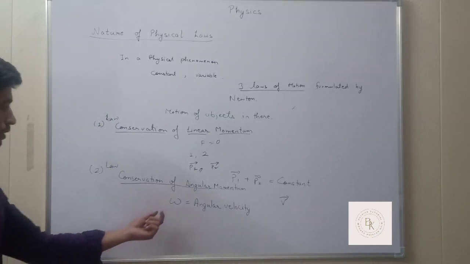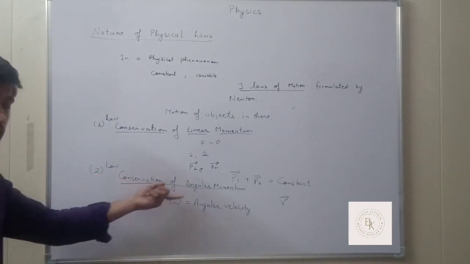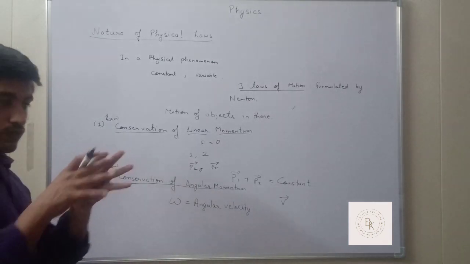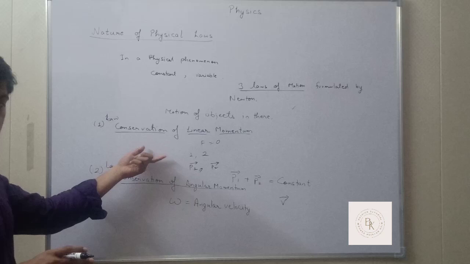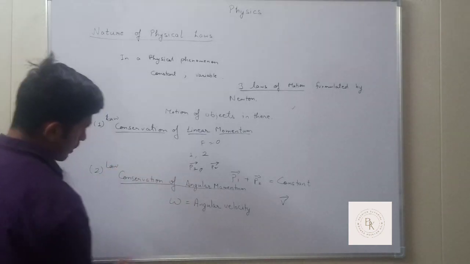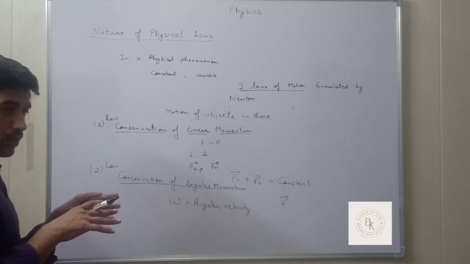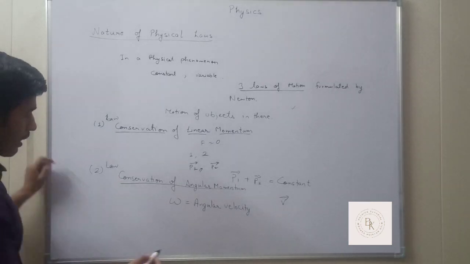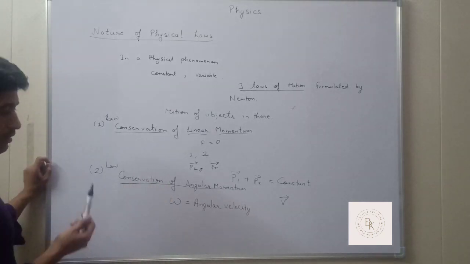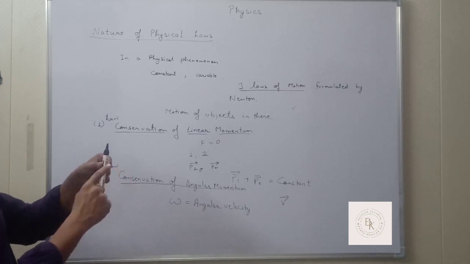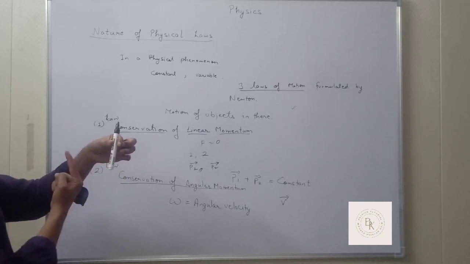So what does the law of conservation of angular momentum say? It says that in a system, we shall take one particle or a system of particles, and it is rotating about an axis. Say, this is the axis, and here is the particle. So it rotates around this axis.